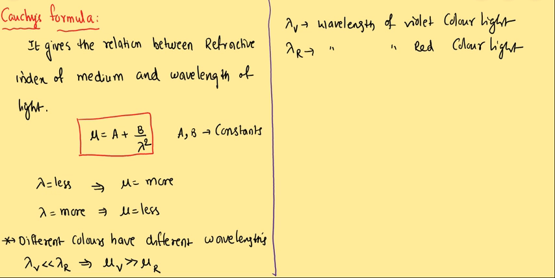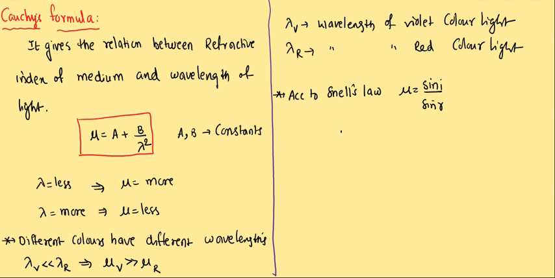Different colors have different wavelengths. Due to that, the medium's refractive index is also different. We know Snell's law also. According to Snell's law, nu is equal to sin i by sin r.